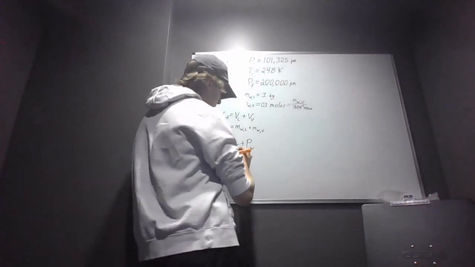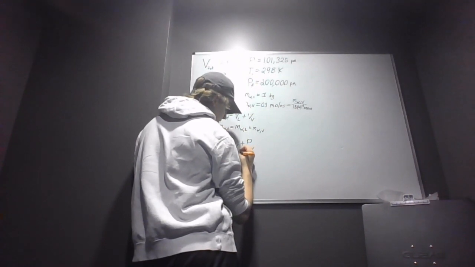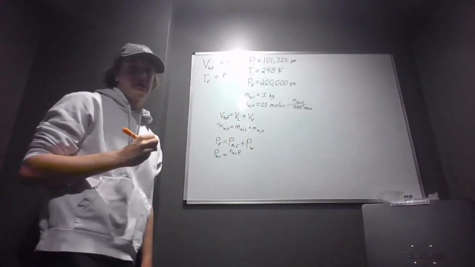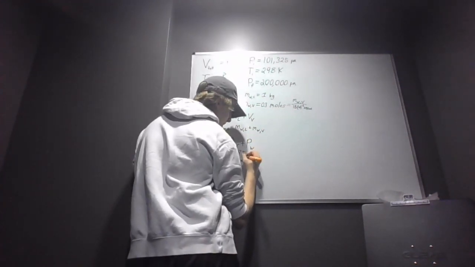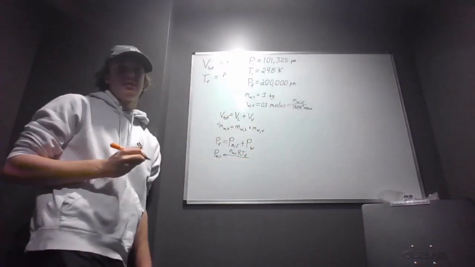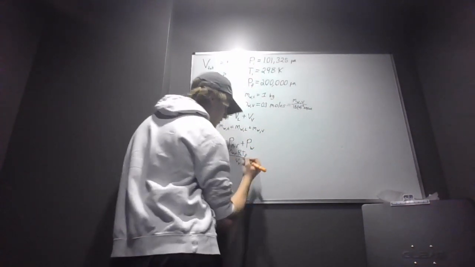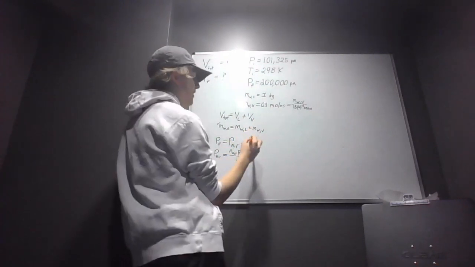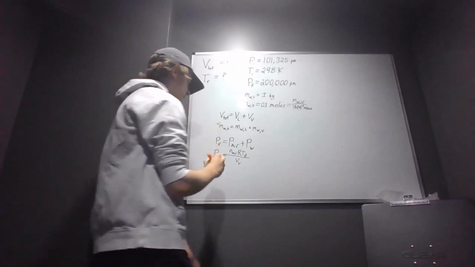So that would equal the number of moles of air times R times the final temperature over the volume of the vapor phase. So next, we can try and figure out this partial pressure of water.